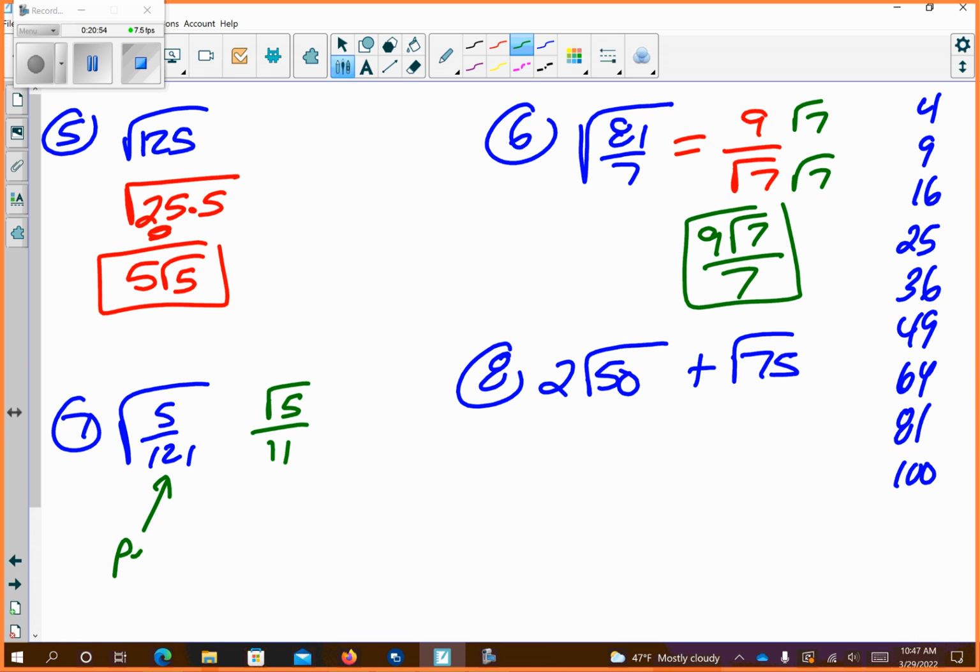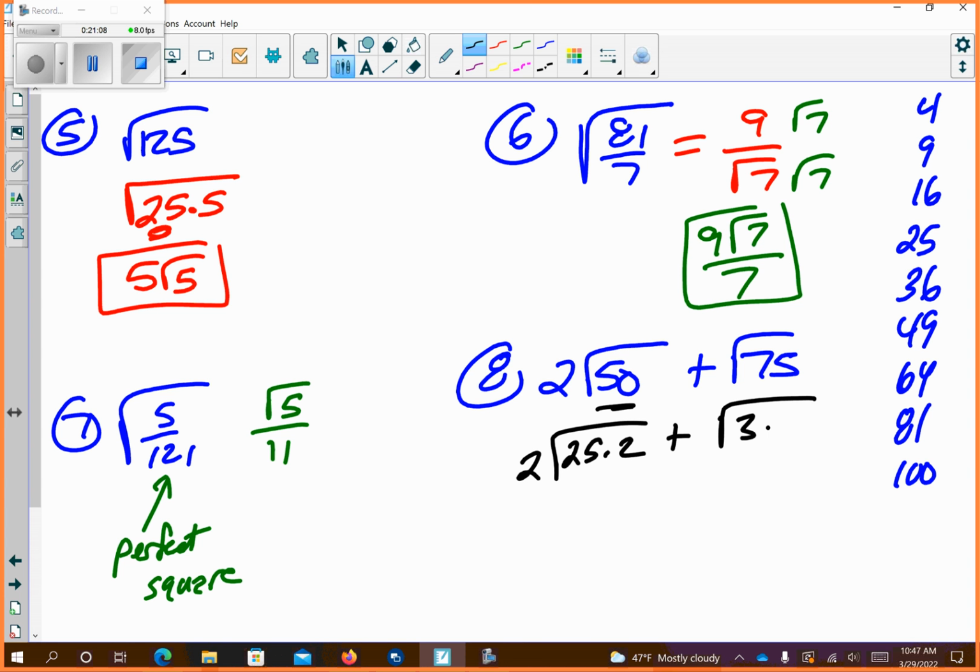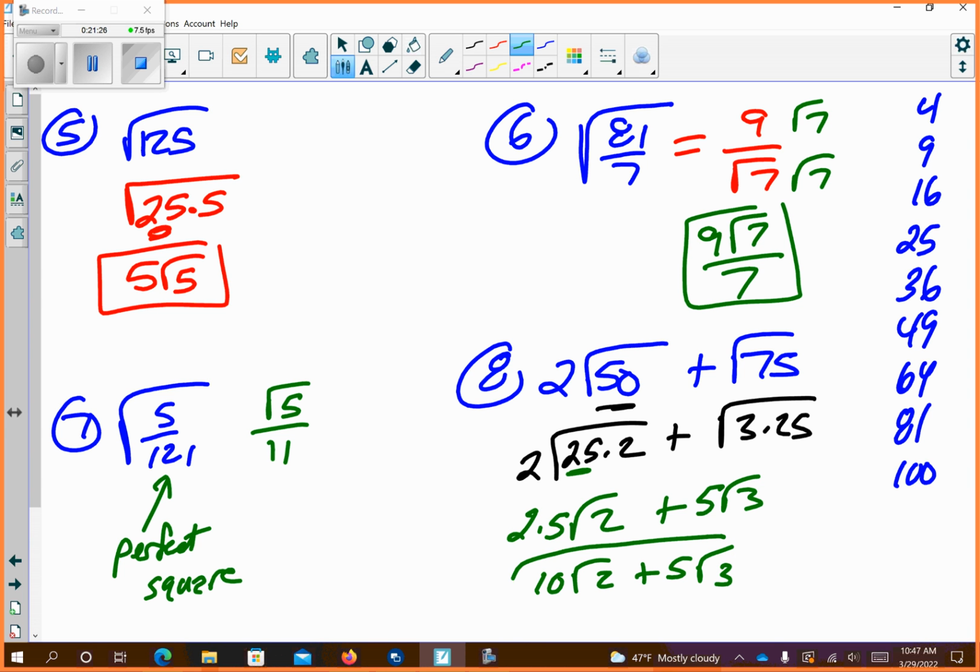There's those four worked out. You feel comfortable with those? Any questions I can answer about those?